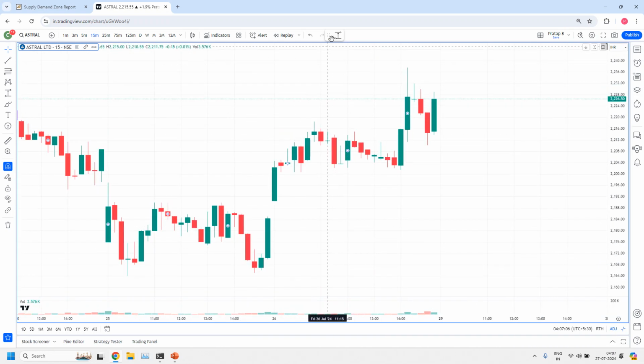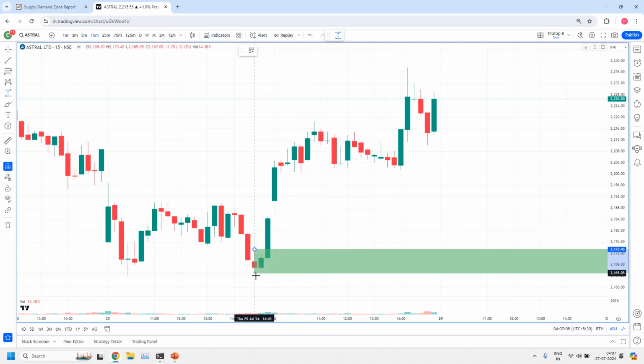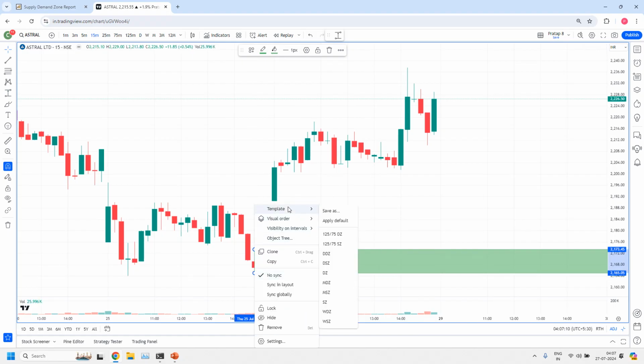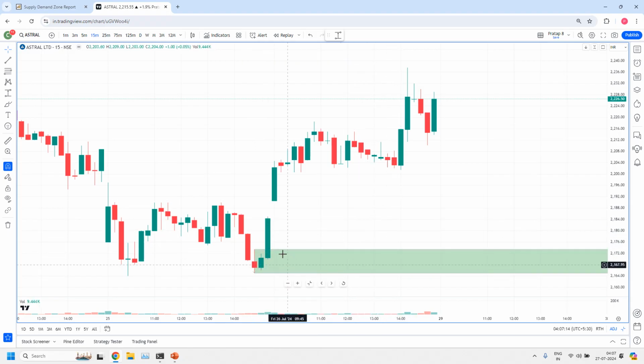Drop, base, rally. Okay, this is a 15 minutes demand zone. And currently this is supporting the bullish trade setup.